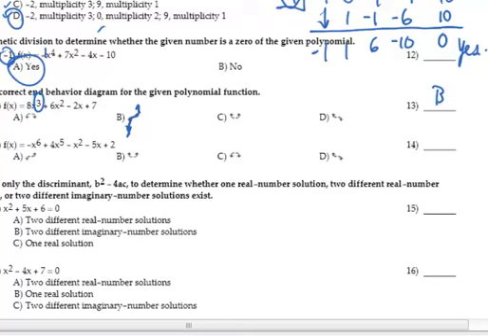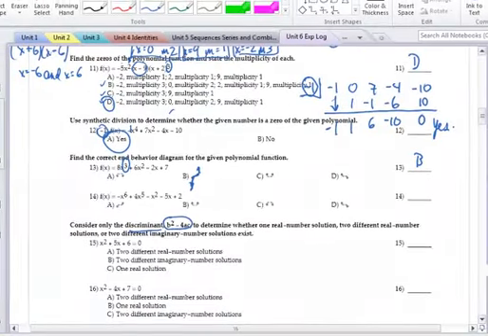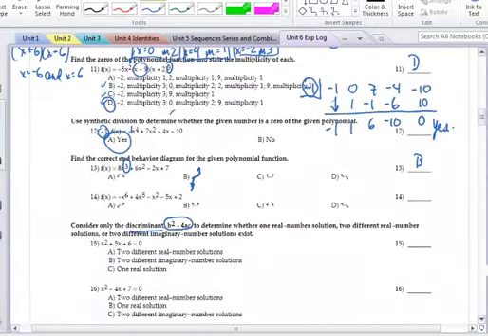Then it says consider the discriminant, b squared minus 4ac. Remember, that's the term inside the quadratic formula. If this is negative, you have two imaginary solutions. If it's positive, you have two real solutions. And if it's 0, you have a double root. So let's analyze what the discriminant is.